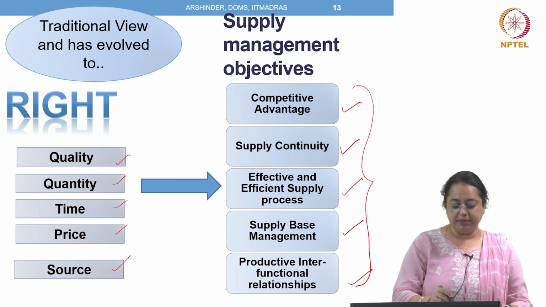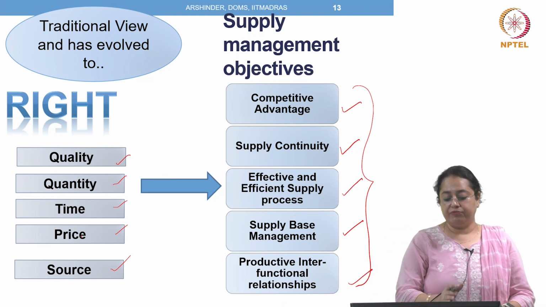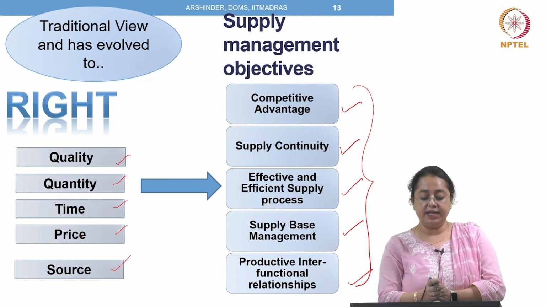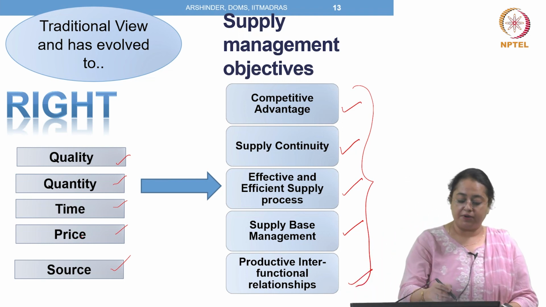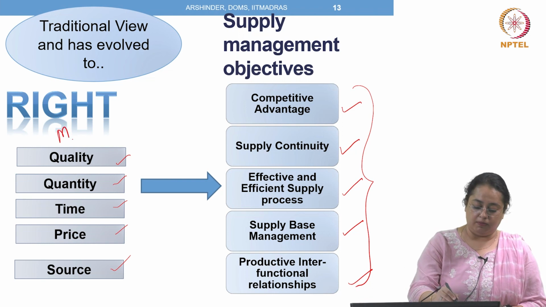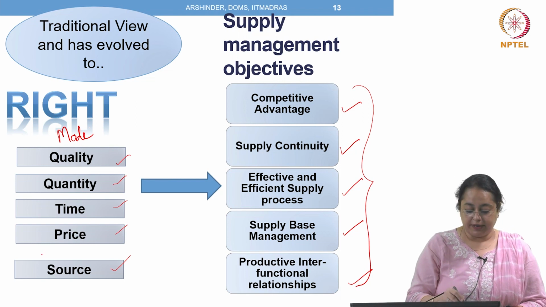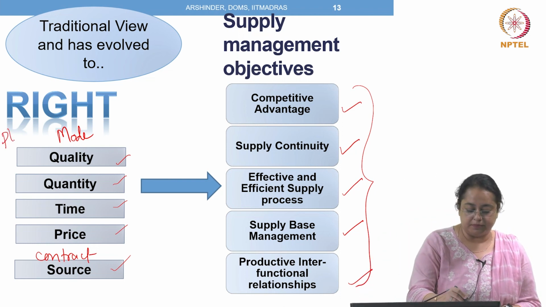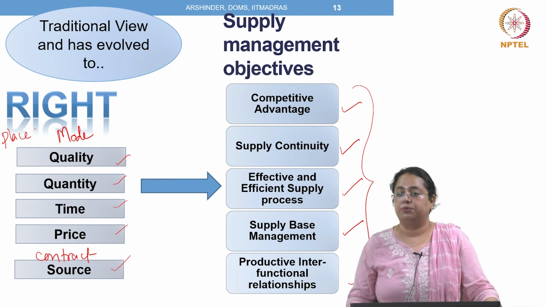Quality, quantity, time, price, source, right? So this is how, when we are moving from the traditional view of purchasing, sourcing to more of supply management objectives, we are trying to bring the right mode of delivery, right contract, right place, and likewise, we can enumerate others also, right?